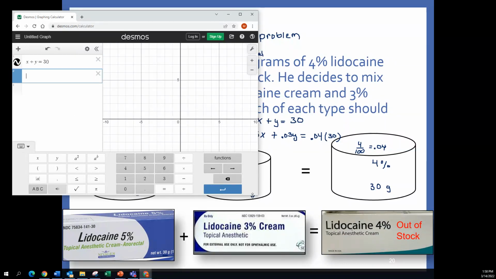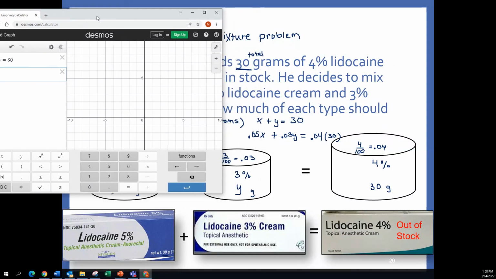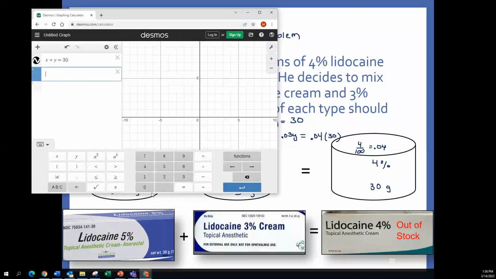Our second equation, we had 0.05x plus 0.03y is equal to 0.04 times 30.